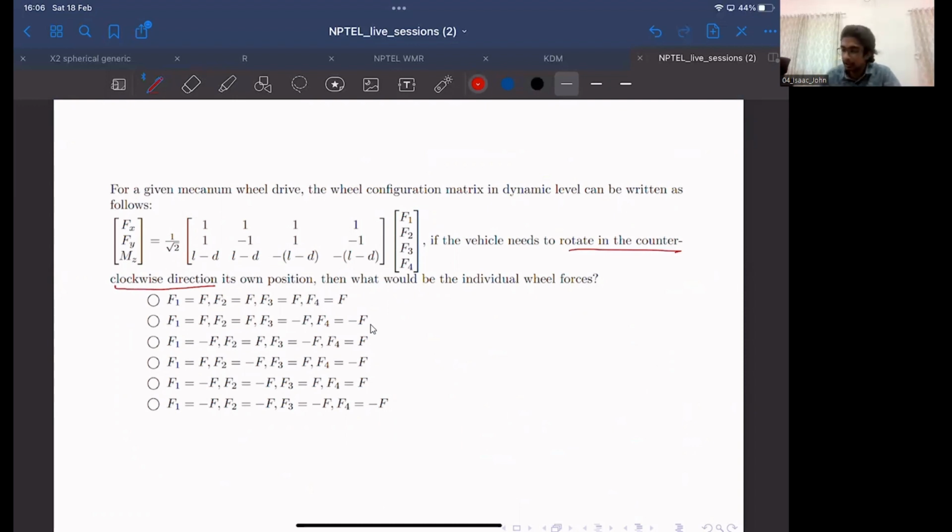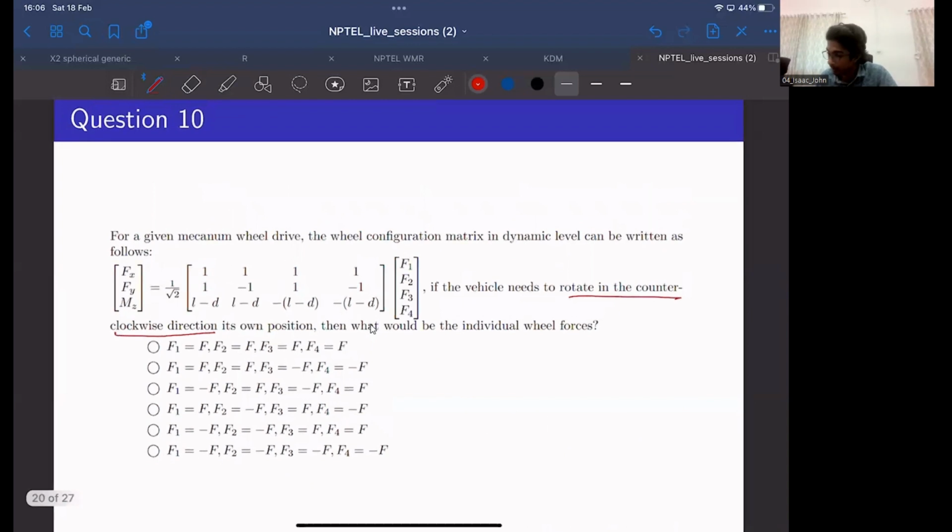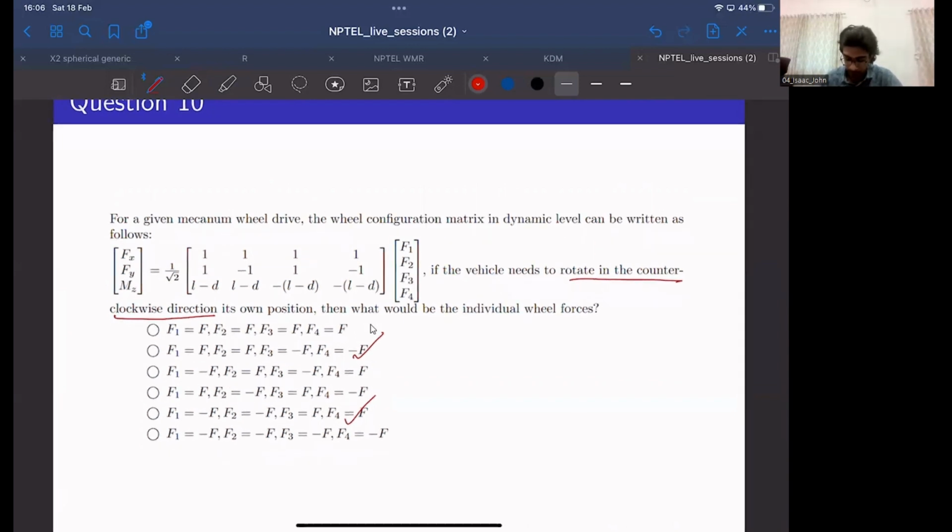Earlier, we saw the case of minus F minus F for the clockwise rotation. So for a counterclockwise rotation, it would be a simple flip of directions. That would be F minus F minus F. We would simply try this out.